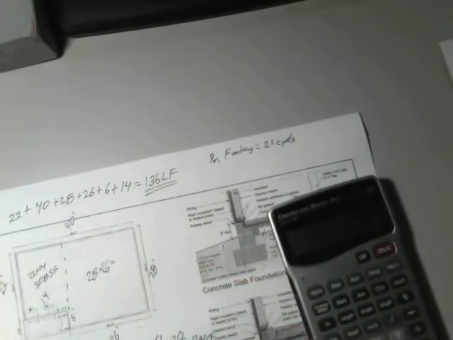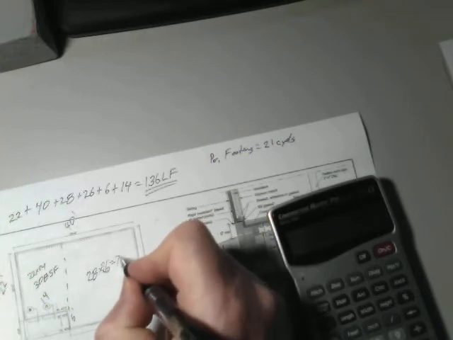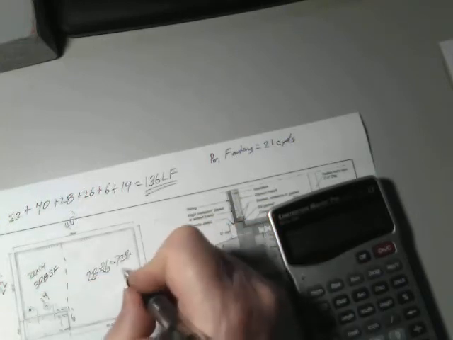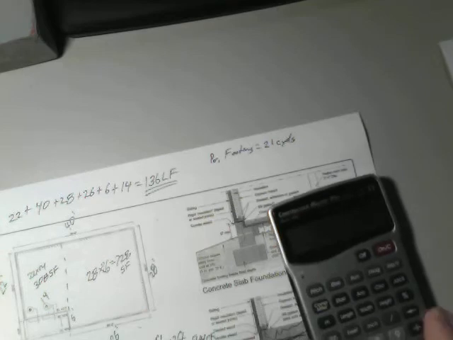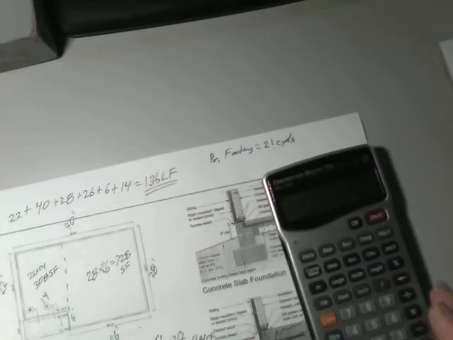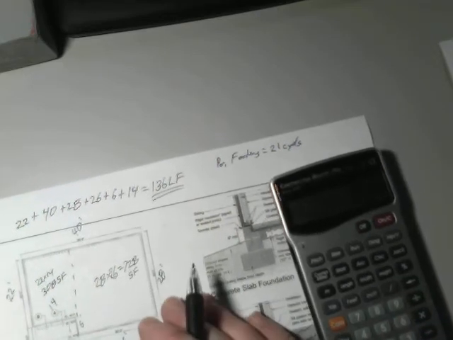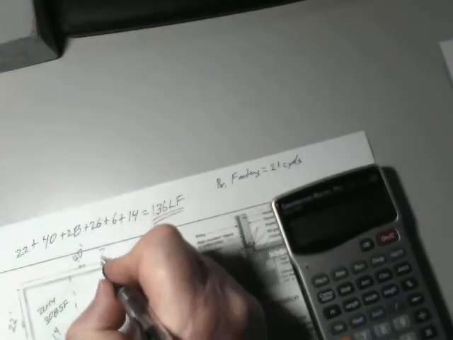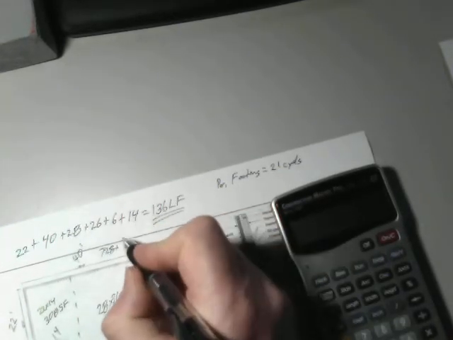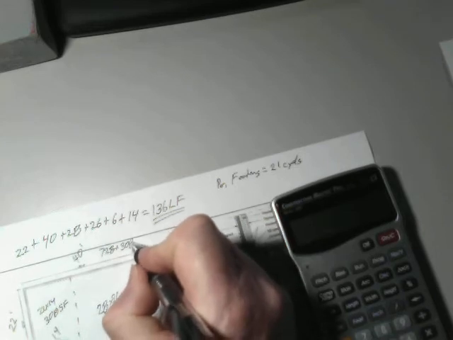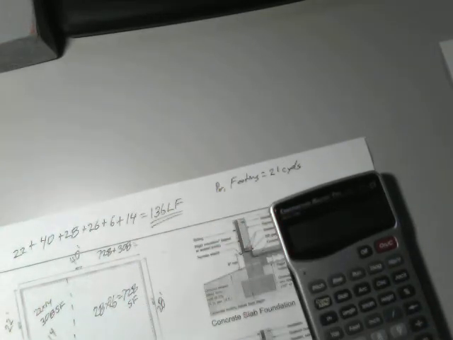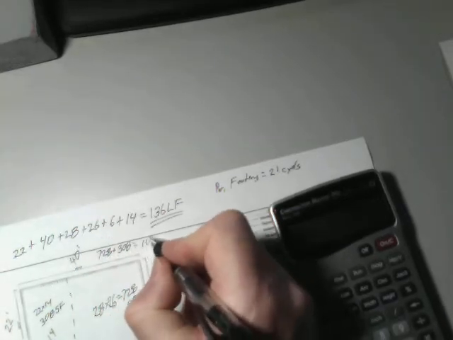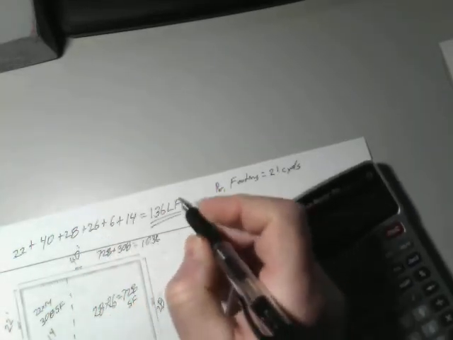And 28 times 26 equals 728 square feet. Okay. So I'm going to add those two together. 728 plus 308 is 1,036. So that's not a huge house, but that is the area.